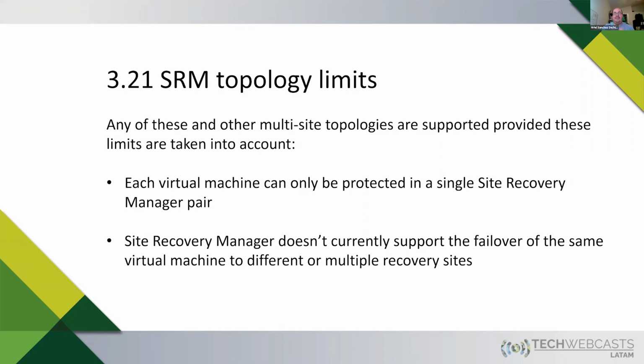You cannot have that machine be in different Site Recovery Manager pairs. And you cannot fail over that same virtual machine to different locations. So you can only define one location for a virtual machine to be recovered to. They seem simple enough, but with some of the topologies, you understand why they have to explain this out.